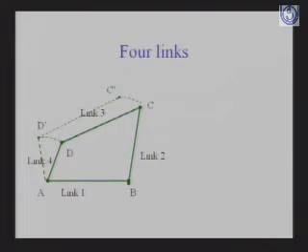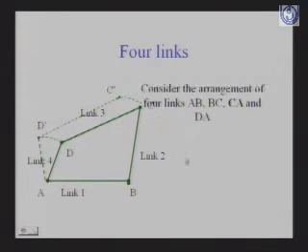Again, now we see the 4-bar link or 4-bar chain. This is your link 1, link 2, link 3 and link 4. Now if we give motion to this link, then this motion is transmitted to various other links. So now we will see whether the 4-link chain is a kinematic chain or not.